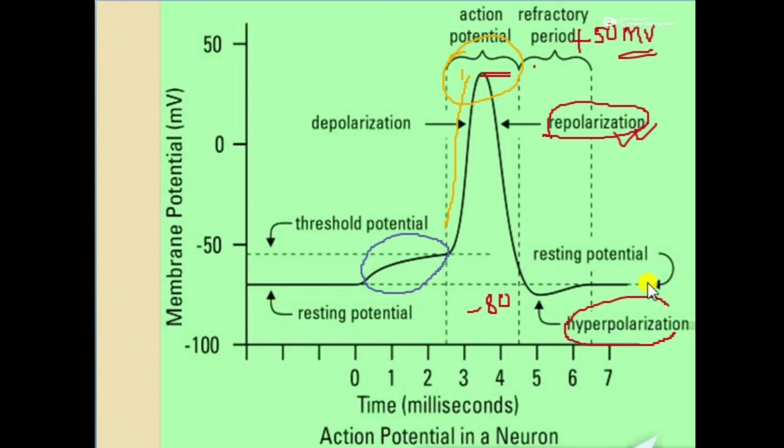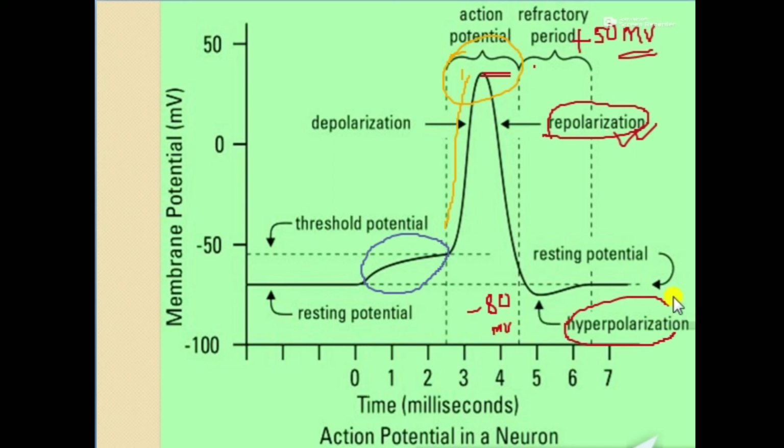Because these processes are going on, they don't realize they need to stop at the minus 70 level. So they are going on and on. That causes hyperpolarization. That is the charge minus 80 millivolt.